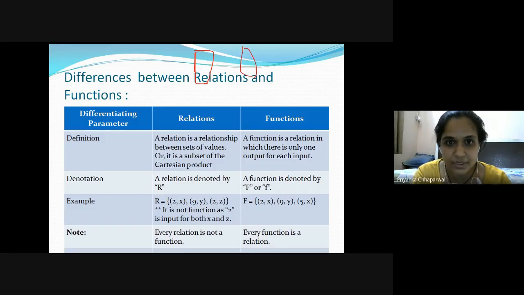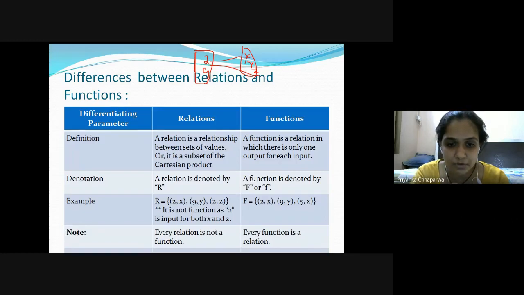So here we say that 2, 9, images x, y and z. So here you see that the value 2 has an image x and 2 also has an image z. So it is not possible in function. So it is a relation, but it is not a function.